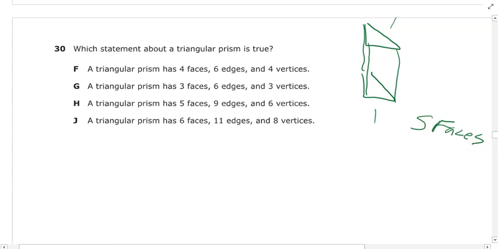For edges, there's on the bottom, there's 1, 2, 3. On the lateral surfaces, there's 4, 5, 6. On the top, there's 7, 8, 9. So 9 edges. And then vertices, there's 1, 2, 3, 4, 5, 6 vertices. Okay, so 5 faces, 9 edges, 6 vertices.